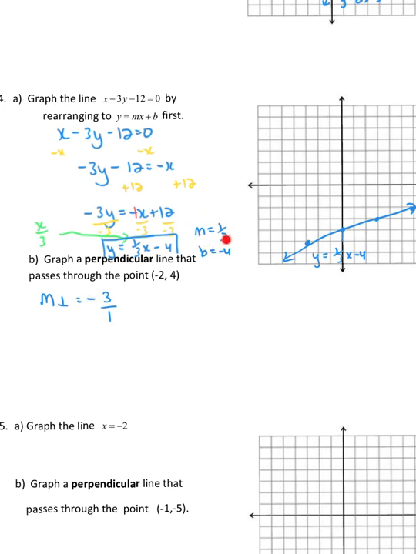So the original slope is positive, so the new line is going to have a negative slope. So it's -3 over 1, and we're going to plot it through the point -2, 4. So start off at the point -2, 4, and this time we're going to go down 3 to the right 1, down 3 to the right 1.